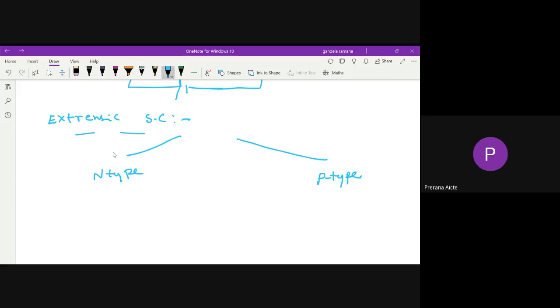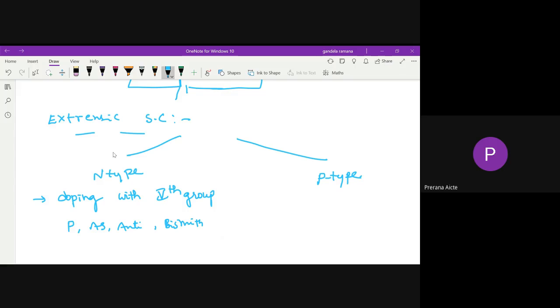By doping with fifth group elements is called N-type material. So what are those fifth group elements? Phosphorus, arsenic, antimony, bismuth.